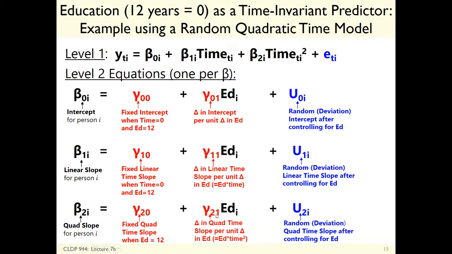To the extent that education predicts reasons why people need their own quadratic slope, the U2 variance should go down. So education is one predictor. Because it is a level 2 predictor, it can play up to 3 roles here. It can explain why people need their own intercepts, why they need their own linear slopes, why they need their own quadratic slopes.